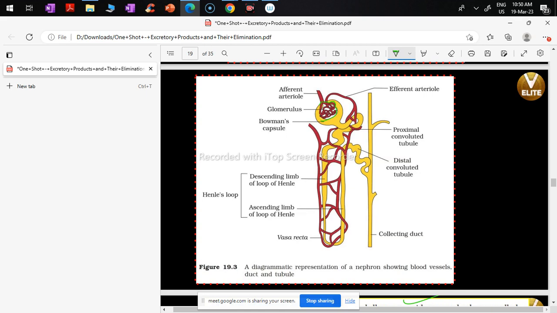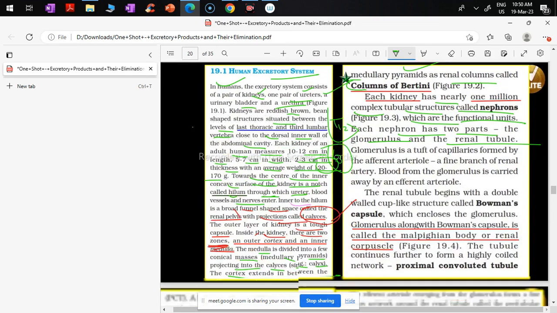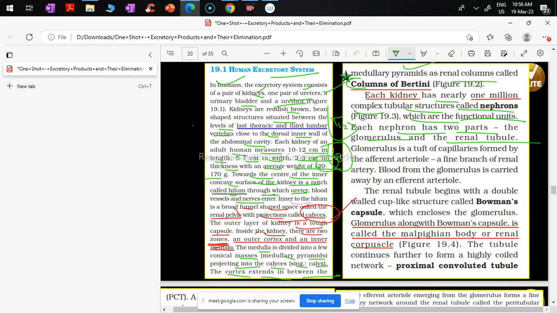This is what I am highlighting with the green color. This is your glomerulus. Apart from this, these tubular structures are the renal tubule. So the main two parts of your nephron are the glomerulus and the renal tubule.